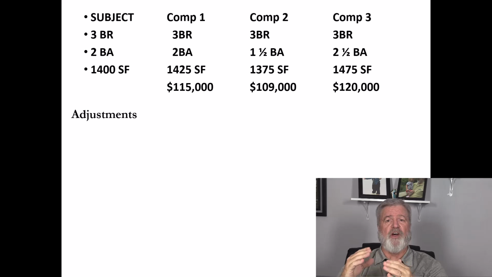Here's the rule of thumb when you're trying to figure out whether to add or subtract. And I'm telling you, if you're not being careful here, you will add when you should have subtracted, and vice versa. Appraisers make that mistake a lot, especially if you're getting in a hurry and you're not really thinking your way through it.